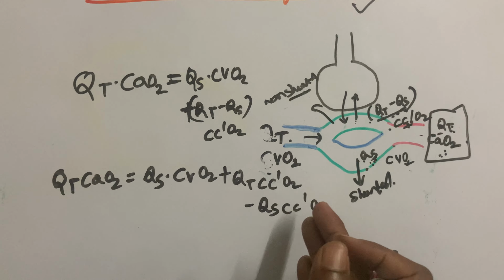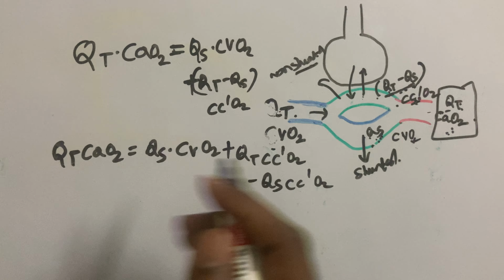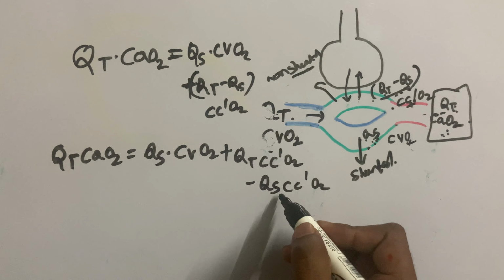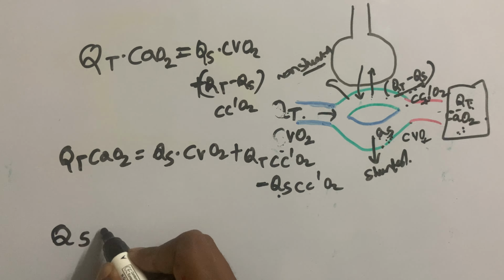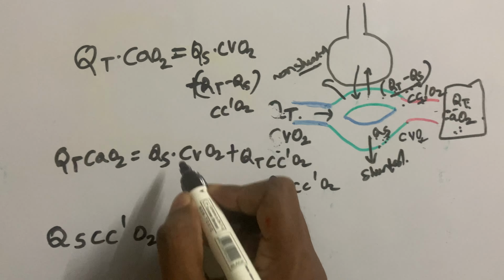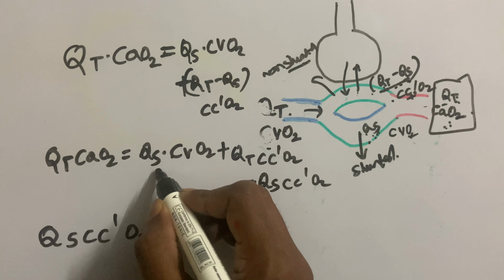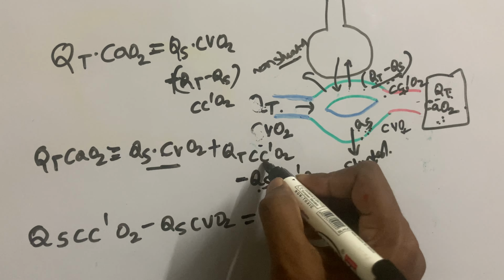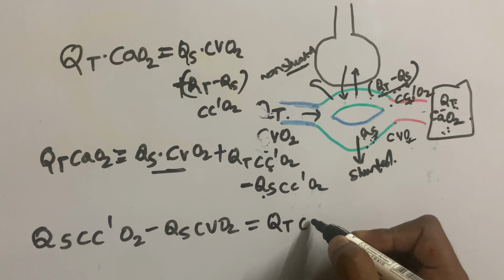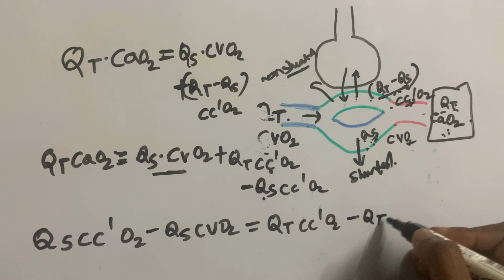Now make the shunted fraction on one side and the non-shunted fraction on the other. Taking the negative Qs C dash O2 to the other side, it becomes Qs C dash O2 minus Qs CvO2, and what remains on the other side is Qt C dash O2 minus Qt CaO2.